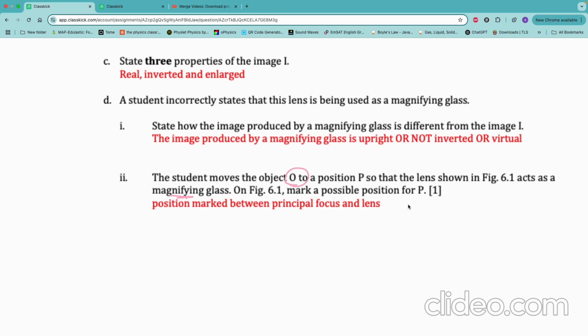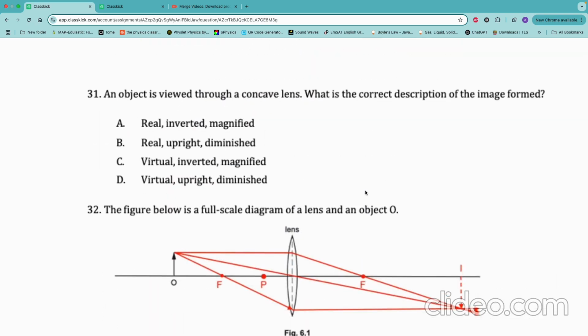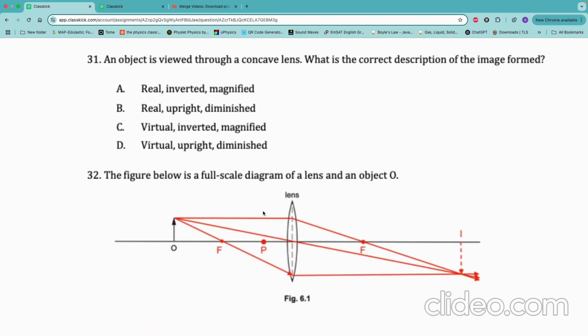Mark a possible position for P. If the object is placed here, mainly the image will be represented at the back side, which has to be enlarged.